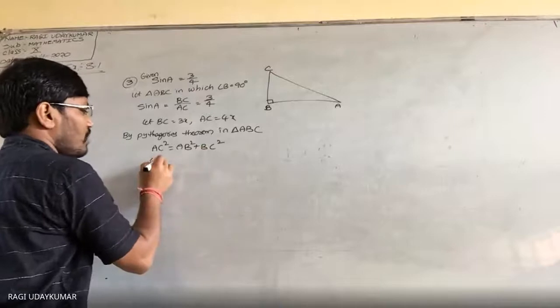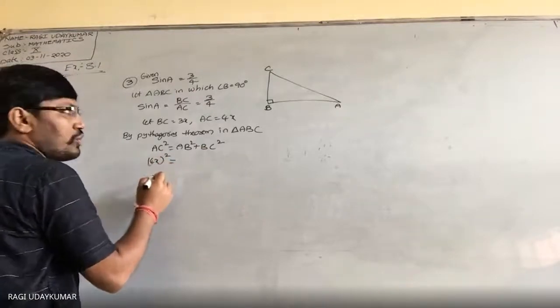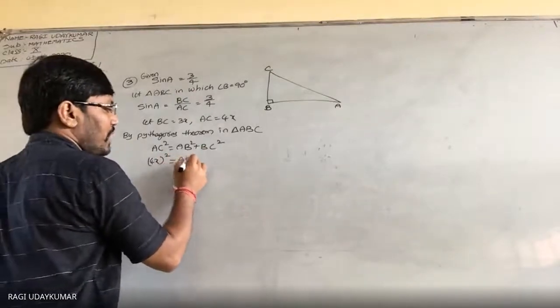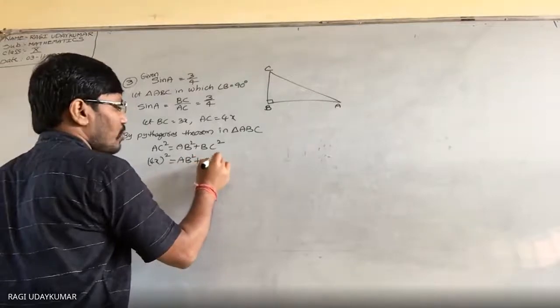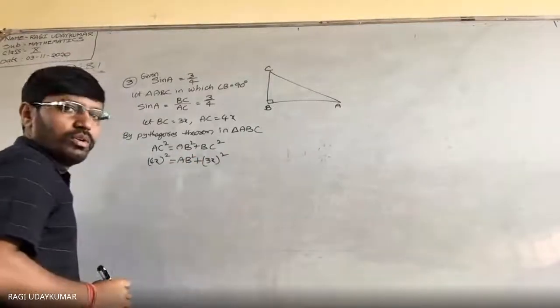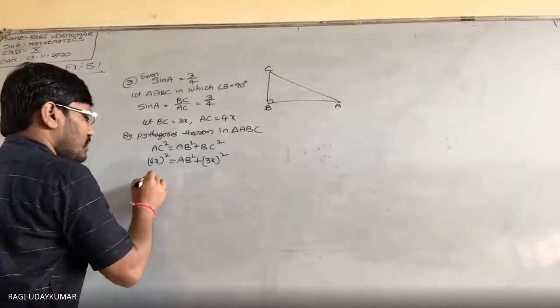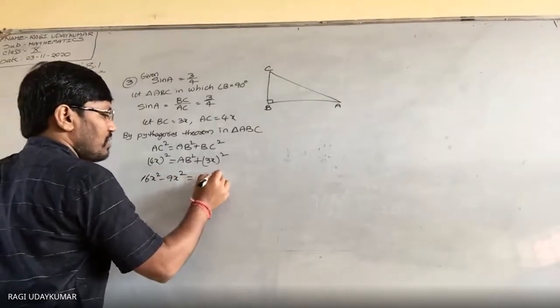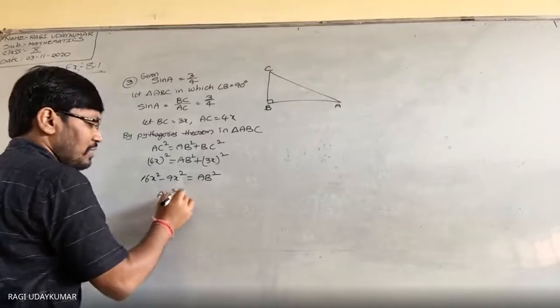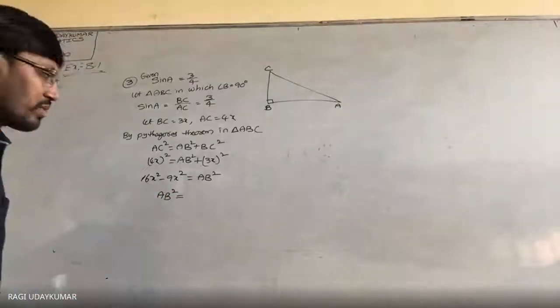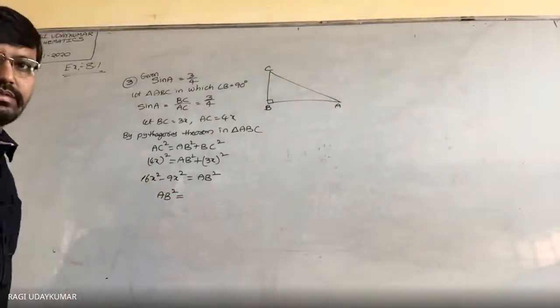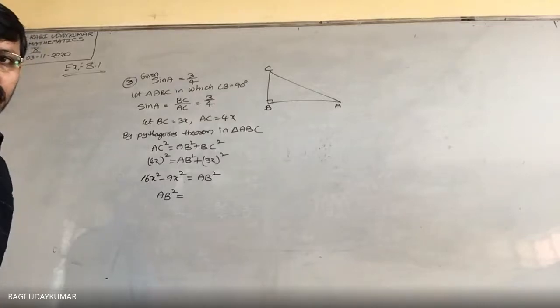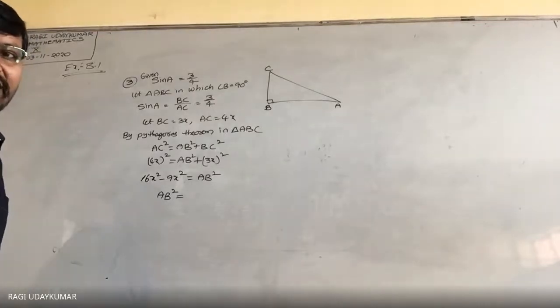AC is given as 4x whole square is equal to AB, we don't know, we have to find, and BC is also given. Now from this you get 16x square minus 9x square is equal to AB square. That is nothing but AB square is equal to 16 minus 9.